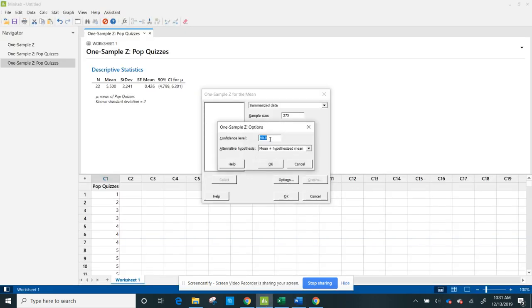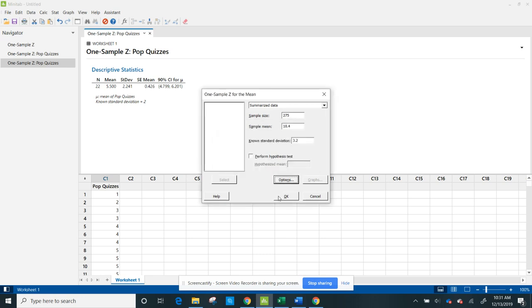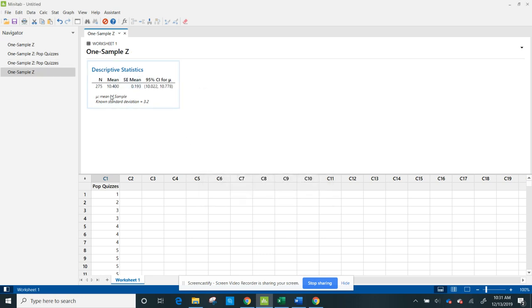I'm going to go to Options and put 95 because that's the level I want to test at. I'm going to hit OK, and OK. And look, it gives me everything I need. My sample size was 275, my sample mean was 10.4. I'm not going to worry about the standard error, but then I go here and 10.022 is my lower bound.